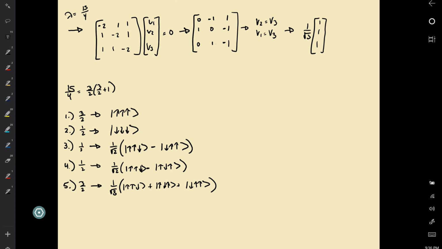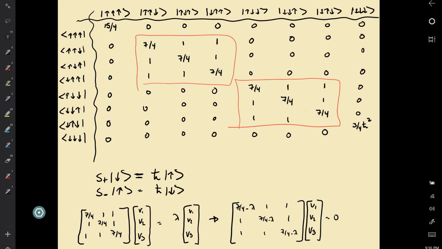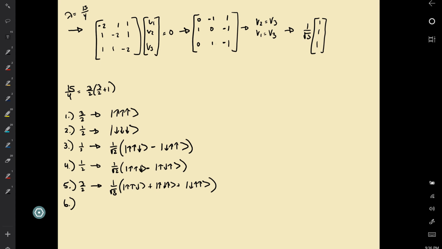Okay, and 6 is going to be what we just had, except we're talking about now the second block. So this is going to be 1/2 for 1 over root 2 up, down, down, minus, let's see here, that'll be down, up, down, and 7, 1/2 again, and that is 1 over root 2 up, down, down, minus down, down, up.